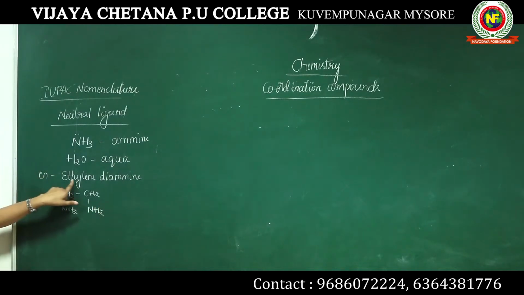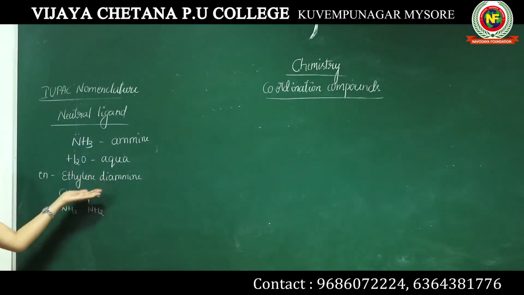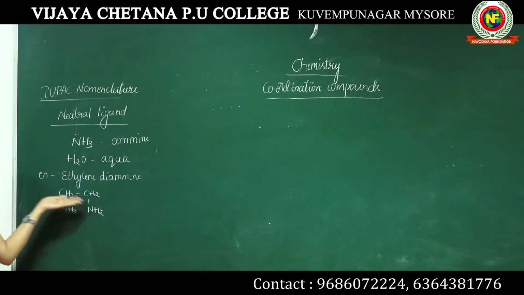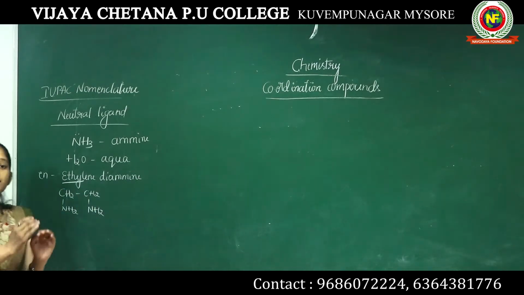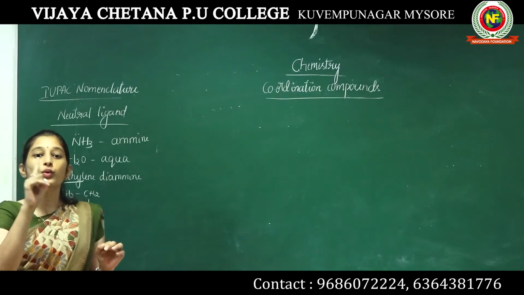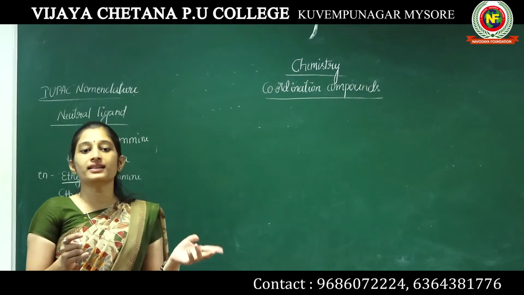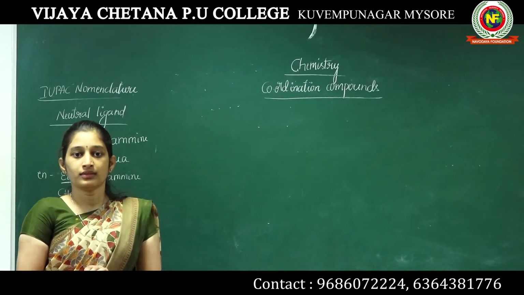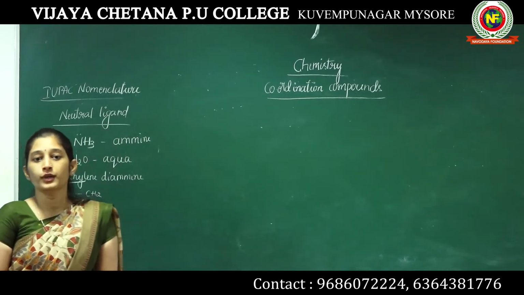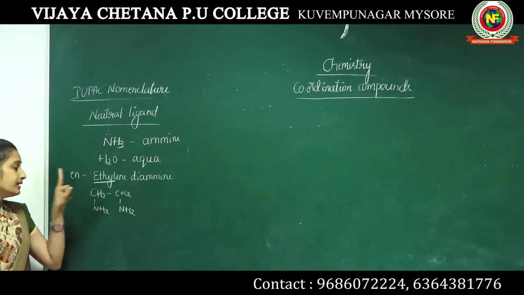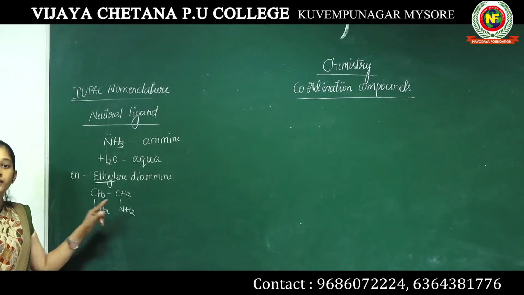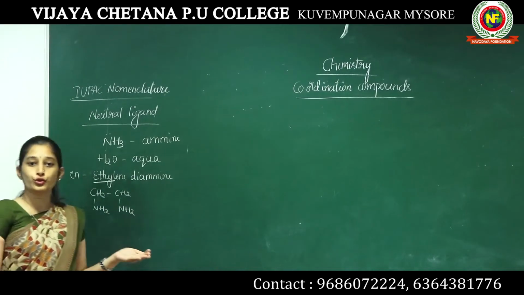Here, the name itself indicates the presence of two carbon atoms. Ethylene, eth means it contains two carbon atoms, 1, 2. Diamine means each carbon is attached to one nitrogen. Two carbons are there, so two nitrogens, NH2 groups. Ethylene diamine means two carbon atoms and two NH2 groups.